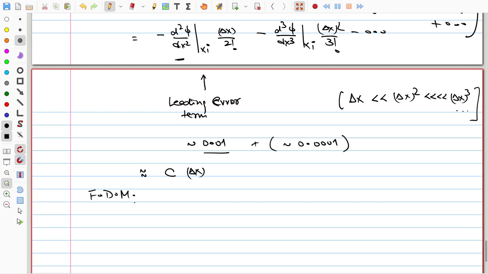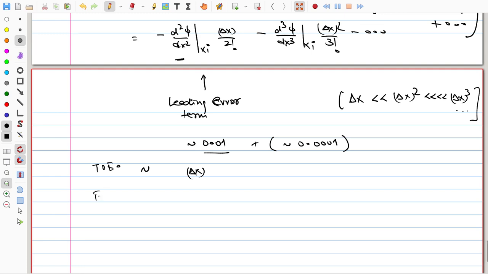So in the forward difference method, we say that the truncation error goes as delta x. Even I can remove c. I am sure you have seen this notation in your mathematics course. So if it goes as delta x, that means the truncation error would be some constant times delta x. The constant could be anything, but as you change delta x, it will change linearly with that.